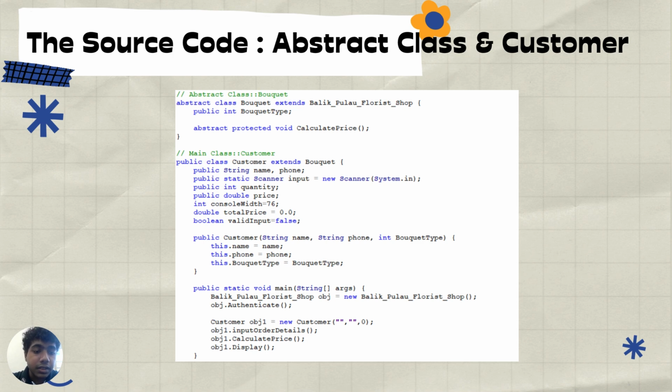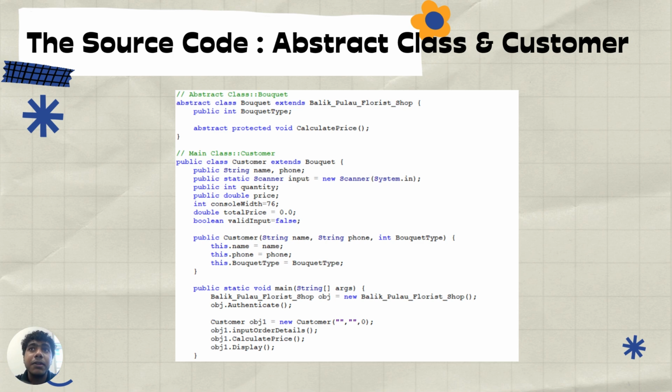Then we also created another new object for the class Customer, which is obj1, and we declare the default values for the Customer method as just 0 or an empty string. This is done because there is no input statement above the method at all.